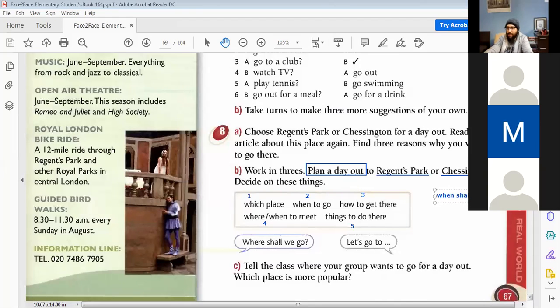What does it mean when we say when shall we get there, or what time shall we get there? What do you think, Rana? When shall we get there, or when shall we go there? Maybe go is better, right? Because you haven't arrived yet. How does the trip start? What do you think? Go? Yes. When shall we go there?